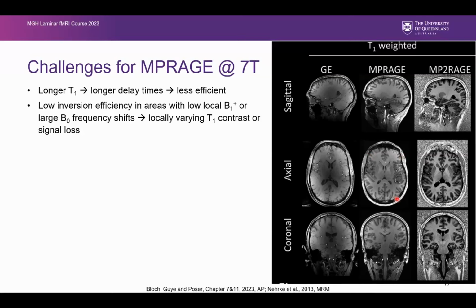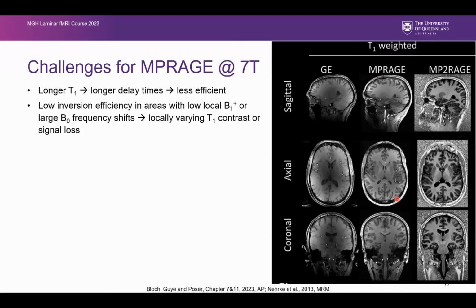Compared to EPIs or fMRI images, where we always take the difference between activation and rest, here we need a homogeneous contrast. So if your EPI image looks a little bit funky, that's okay, as long as it has the same inhomogeneity between the two conditions.